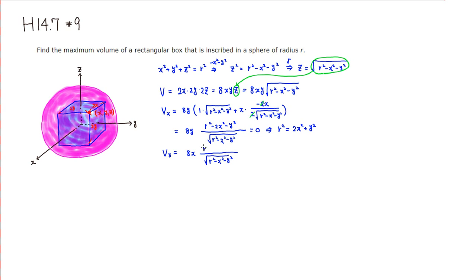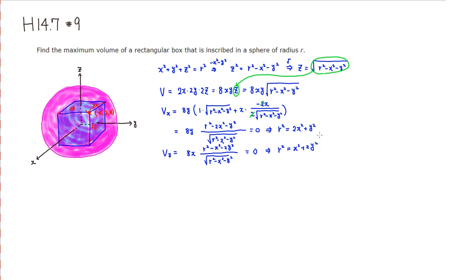Here you have r squared minus x squared minus 2y squared. If you set that equal to 0, you're going to get r squared is equal to x squared plus 2y squared. All right, so we got that.